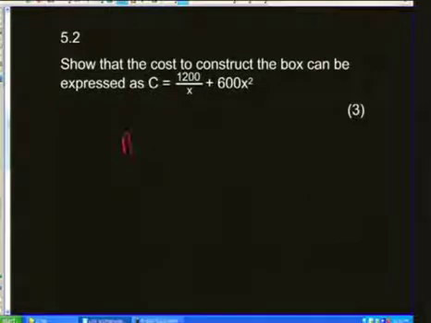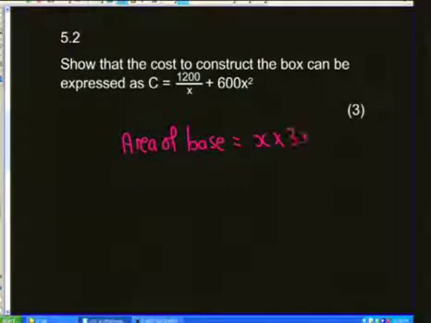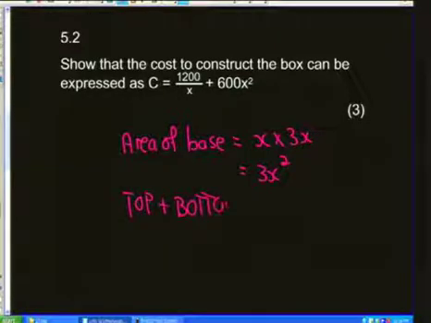So the area of the base would equal x times 3x, which is 3x squared. However, the top and the bottom would be twice that, because the top and the bottom would be identical. That's why it's rectangular.